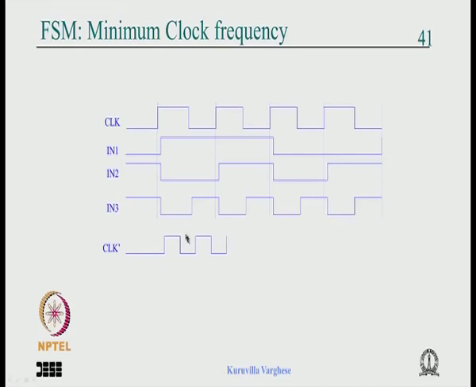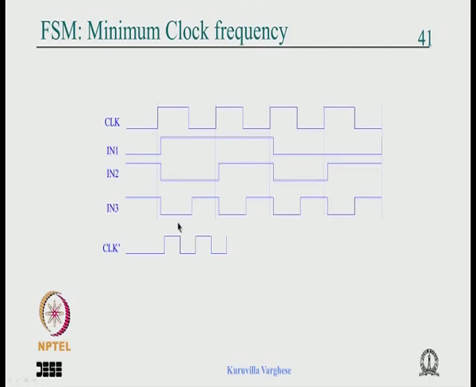Definitely we know that there is a change here, so the clock edge has to come within this period. To start with, I make a statement saying that the clock frequency should be twice the maximum input frequency.